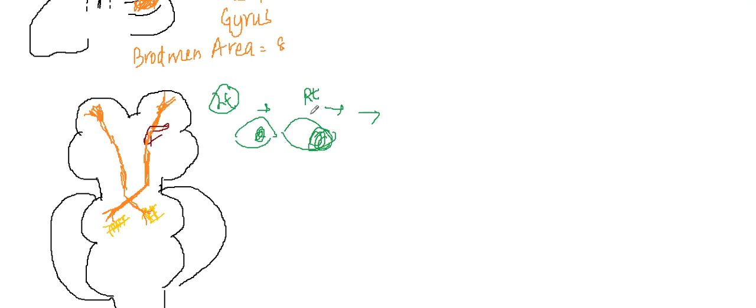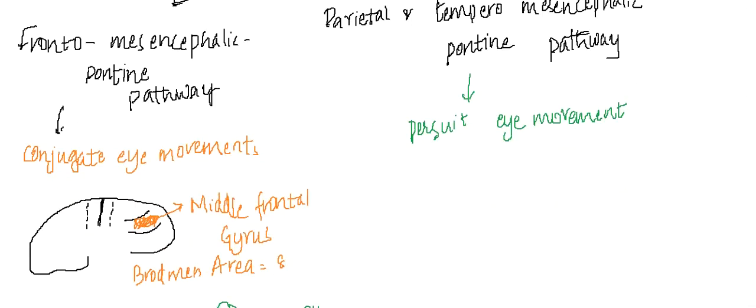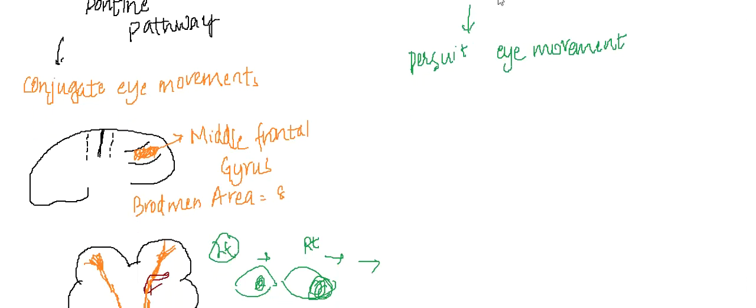So this activation should occur simultaneously. That is called conjugate eye movement. Now for pursuit eye movements, we need one more thing, which is called the parieto-temporo-mesencephalic pontine pathway. So where does the pathway originate from?